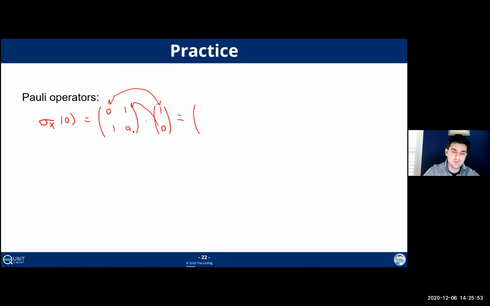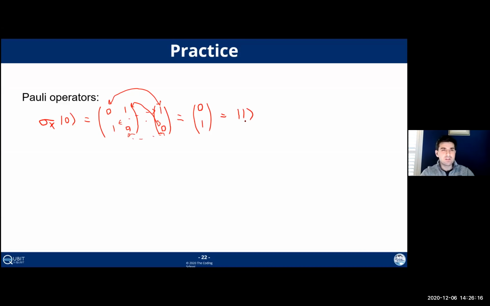And then the second entry is going to be 1 times 1, which is a 1, plus 0 times 0, which is a 0. So I get the 0, 1 vector, and this is equivalent to the 1 state.